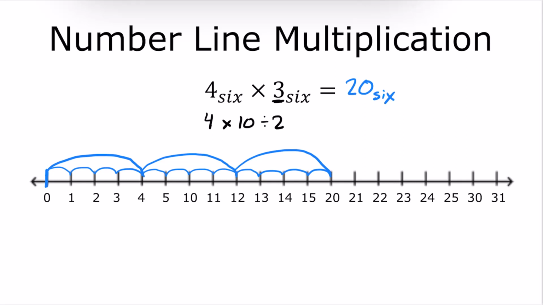So 4 times 6 in base 6 would be 40, and if you split that in half, that would be 20 base 6. So that's a thinking strategy for how you could solve this problem in your head without having to use the number line. But if you want to use the number lines, that's totally fine. And on your homework, you may also want to make a multiplication table for whatever base you're working in, because that may make it a little bit easier.